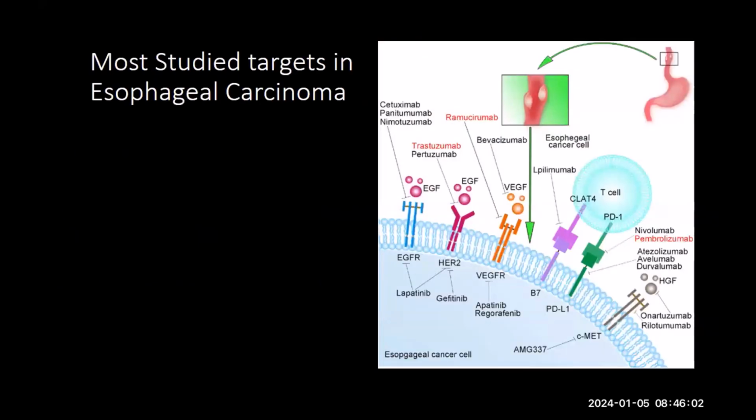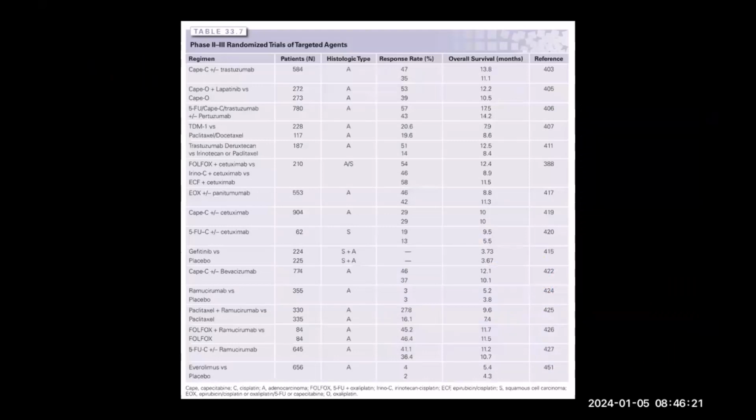A number of targeted agents have been studied in esophageal carcinoma, particularly in the metastatic setting. These are mainly EGFR, HER2, VEGF inhibitors, and they've also included PDL1 inhibitors in this image. This is something I've lifted straight out of the data. You can see these are all the studies done for targeted agents in esophageal carcinoma in a metastatic setting.